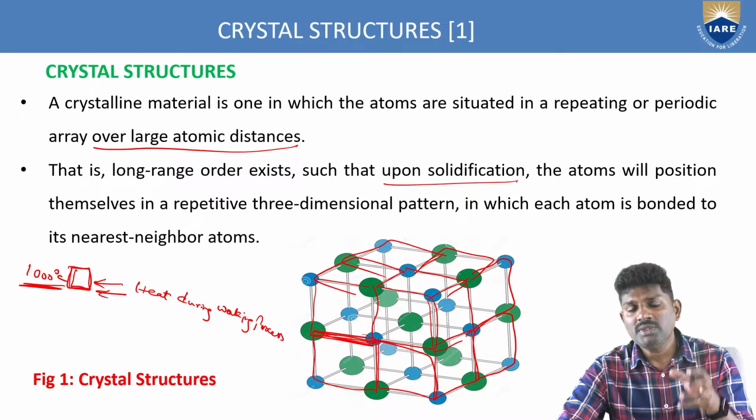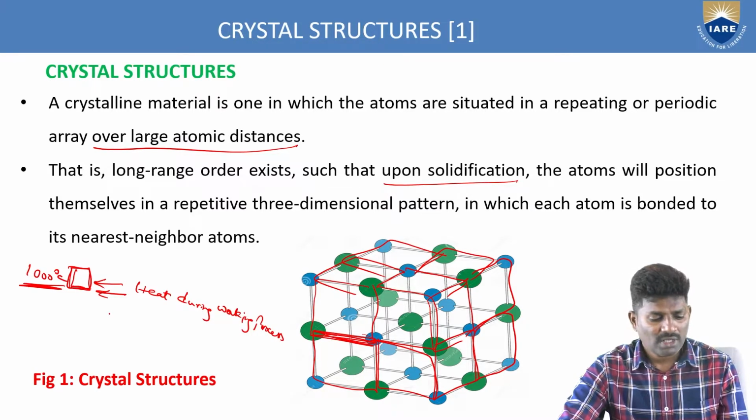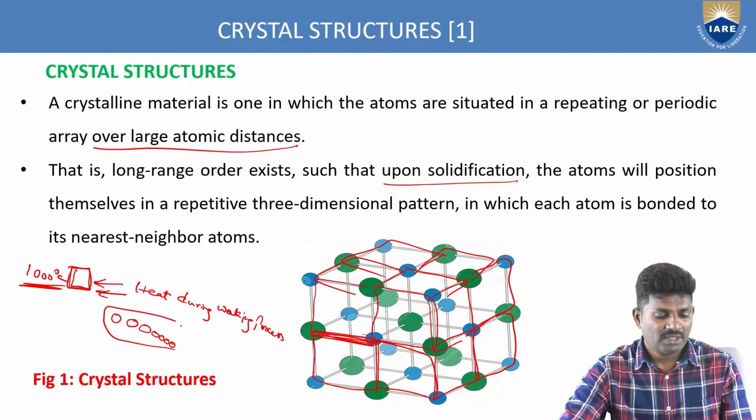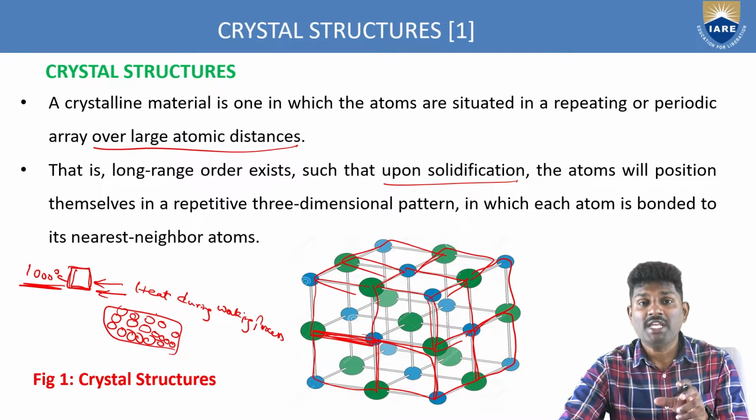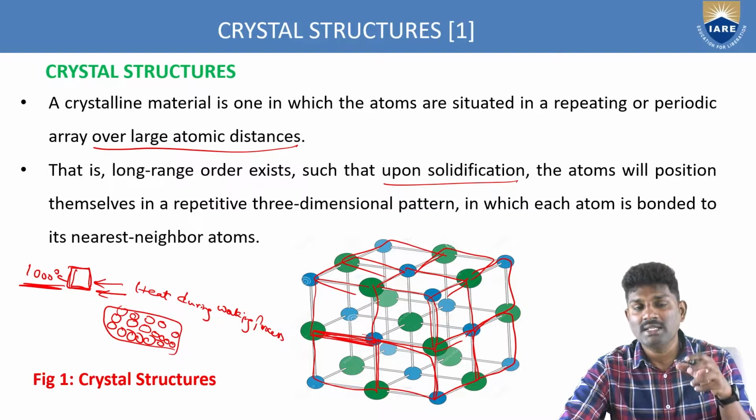Because when you do the solidification process, slowly the atoms have to come very close. So they come close, and finally they bond. This complete bonding of all the material will give us a solid material. That means there should not be any space between the atoms or the molecules inside the material. Then only you'll get this solid structure or solid material.